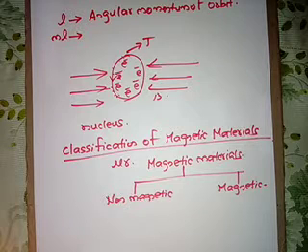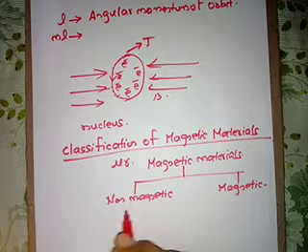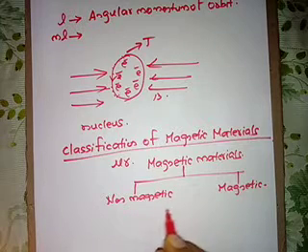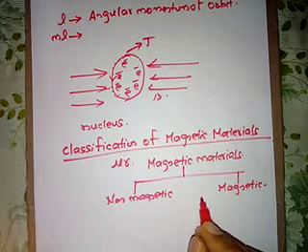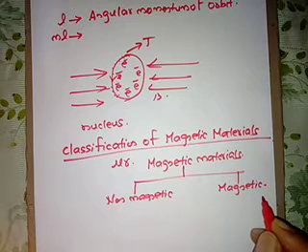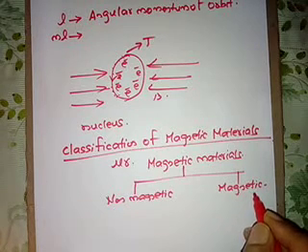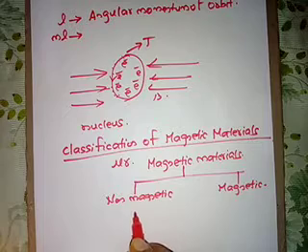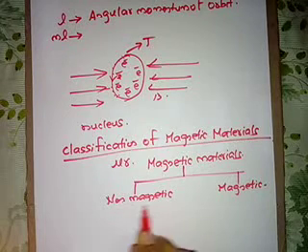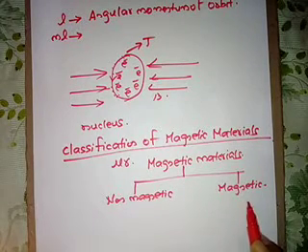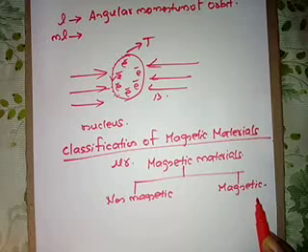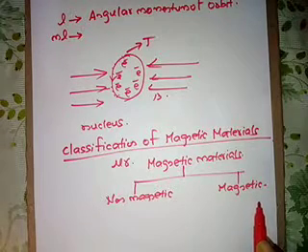On the other hand, if mu r is greater than 1 or equal to 1, then they are said to be magnetic. If mu r is less than 1 or equal to 1, they are non-magnetic. If mu r is equal to 1 or greater than 1, then they are said to be magnetic materials.